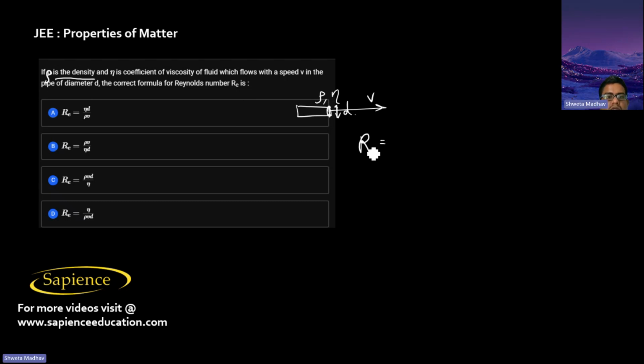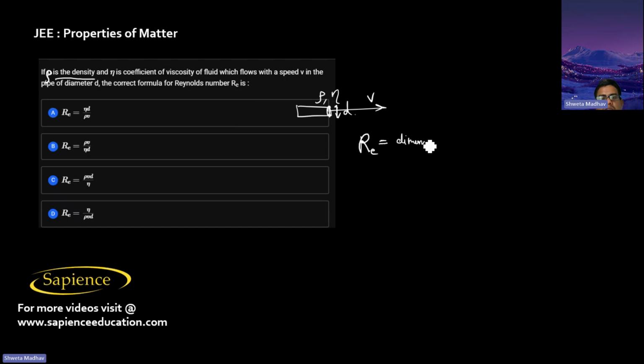Now we can use dimensional analysis. Reynolds number is a dimensionless constant.